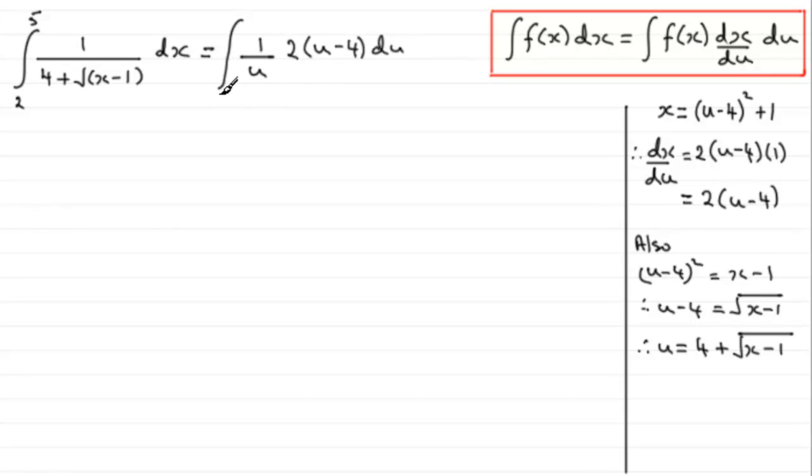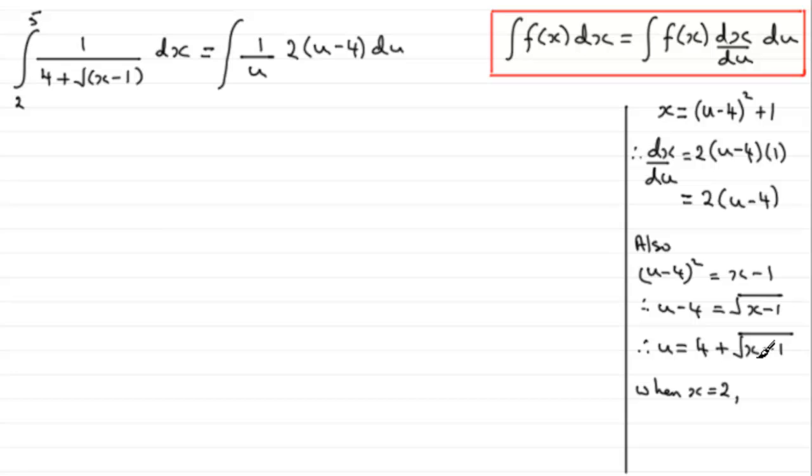What we need to do now though is change our limits, because we're integrating with respect to u, not with respect to x. So for those limits, what we can do now is say, well, when x is 2, work out what u is, and we can go from this formula here. So when x equals the lower limit 2, we find that u equals 4 plus the square root of 2 minus 1.